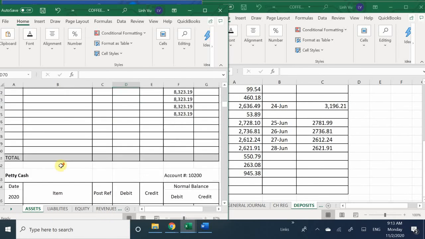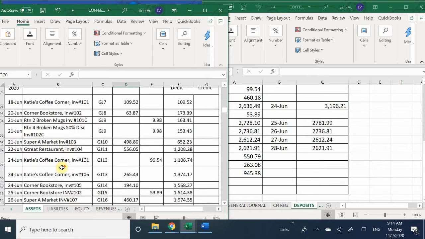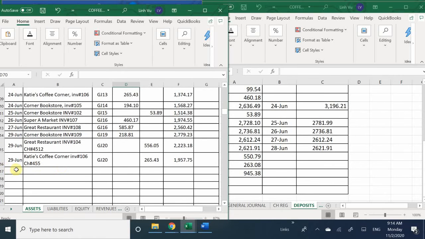accounts receivable already. All right, as long as you know that you have one more account to go. Yeah. What do you want to say here? Super A market invoice 103, 104, 107.